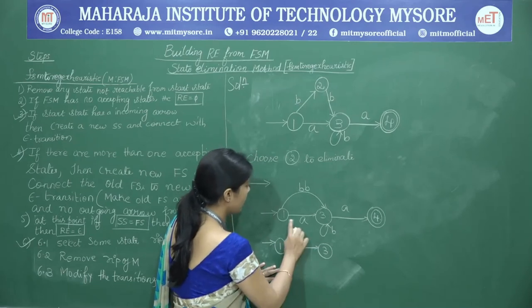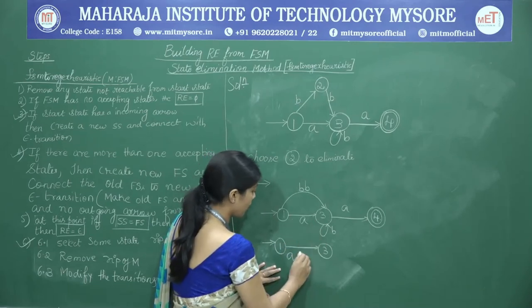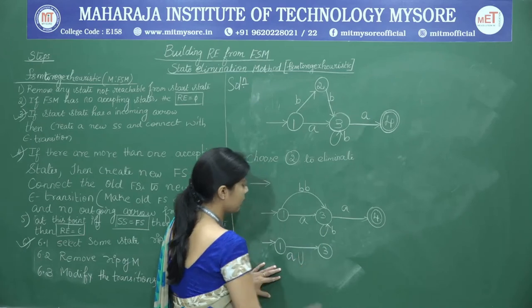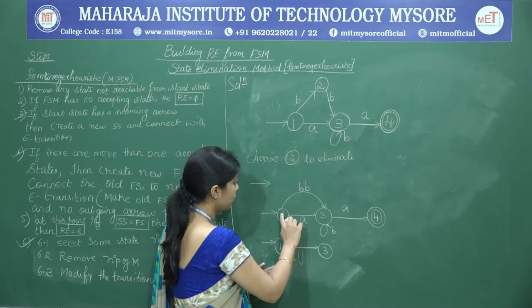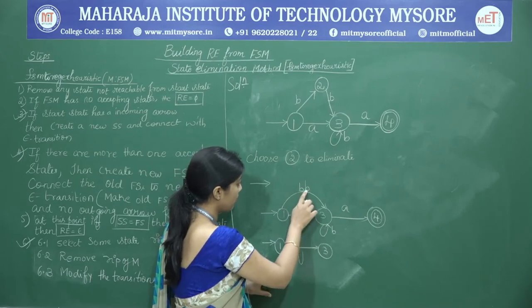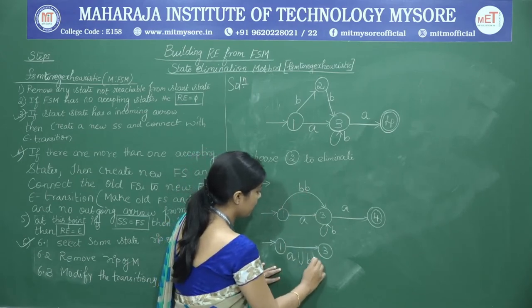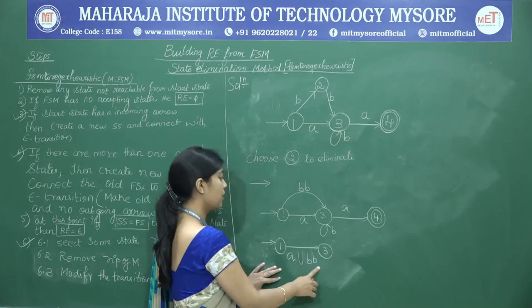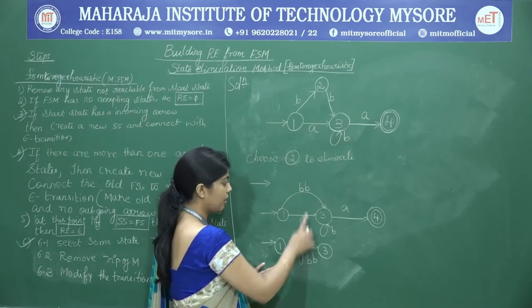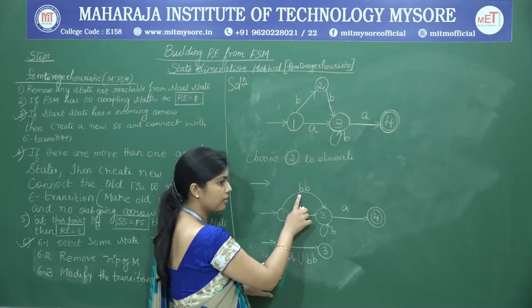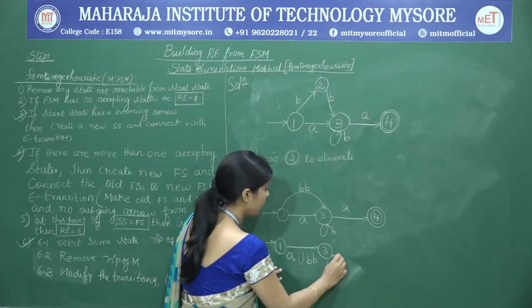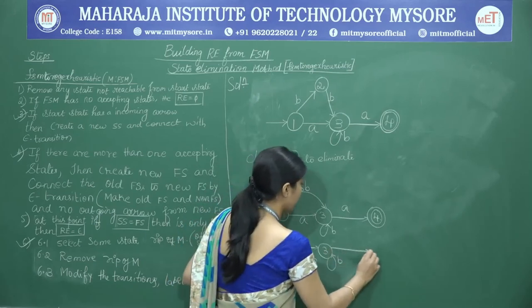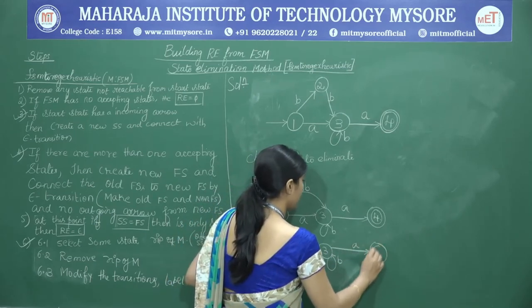One is on A or. So when I say or, it is nothing but the union sign. Union, the second choice of moving from 1 to 3 is over BB. So I am going to write here BB. So this is the regular expression on the transition that we write after eliminating this transition. The rest of the things are going to remain the same. So B is going to remain as B, and on A we are going to 4.